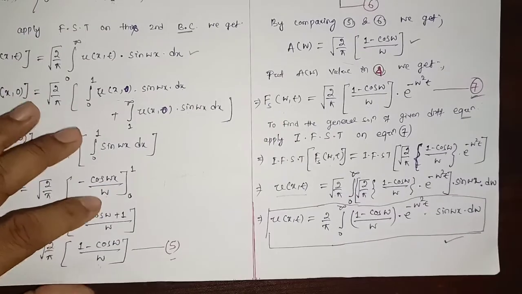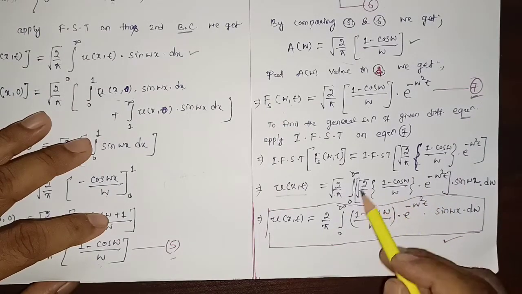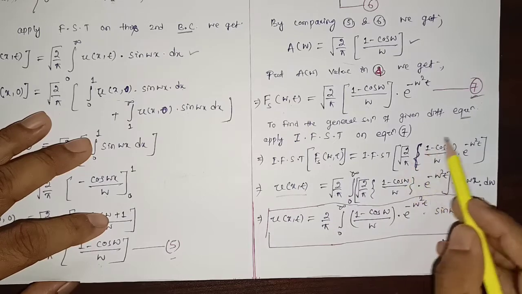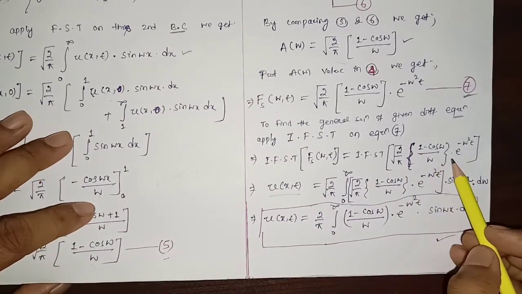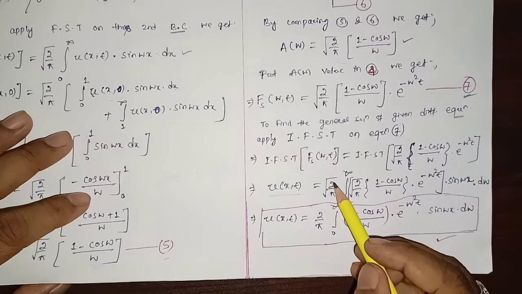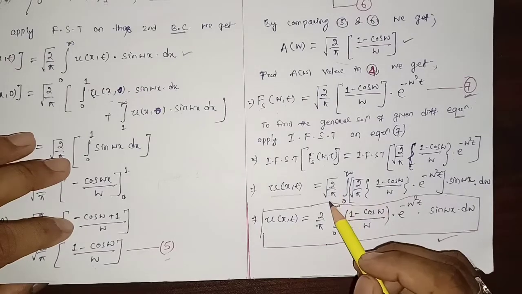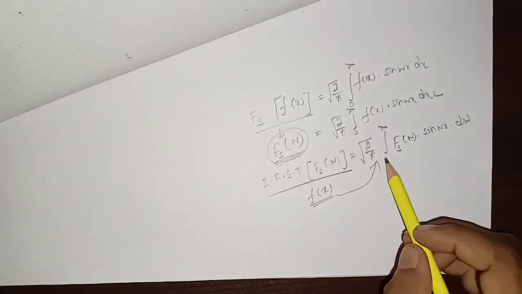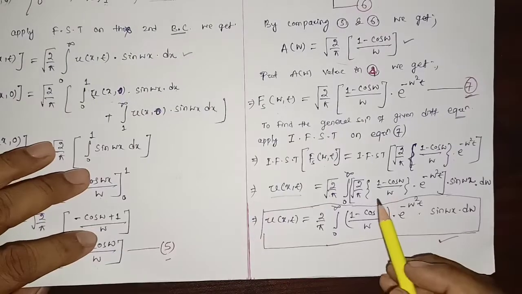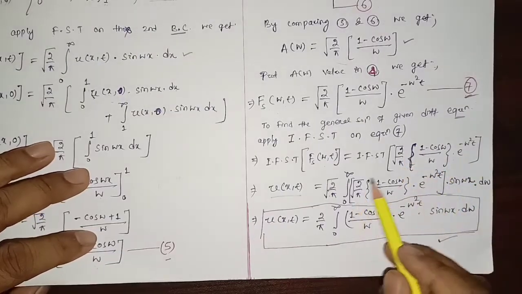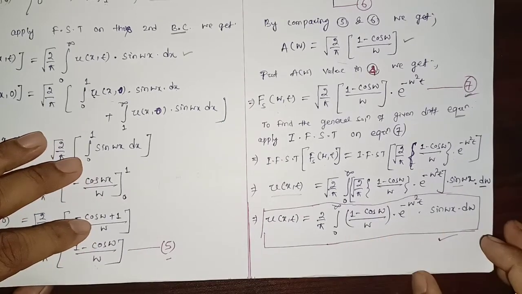Here we have a function of omega already. If I apply the inverse Fourier sine transform, what will it be? Root over 2 by pi, integral from 0 to infinity of this entire function written over here into sine omega x d omega.